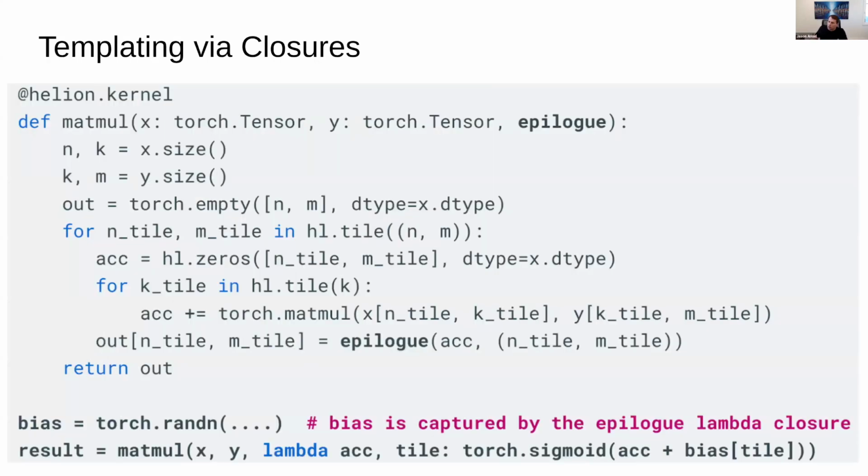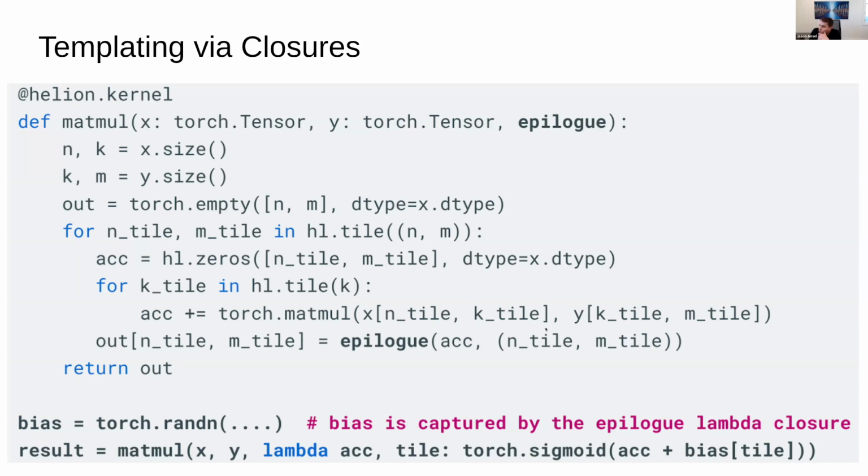So another cool feature of Helion is templating via closures. Often what we see in custom kernels in the wild is a lot of really small variants of the same kernel. Like you might have a matmul plus a relu kernel. You might have a matmul plus a bias plus a relu kernel. Helion allows you to basically pass in a Python function as an argument to your kernel, and you can call this.